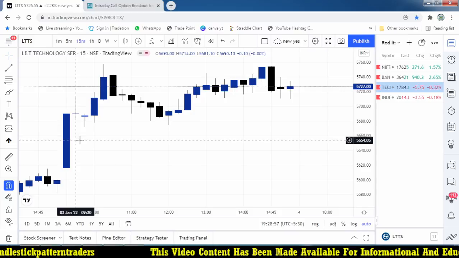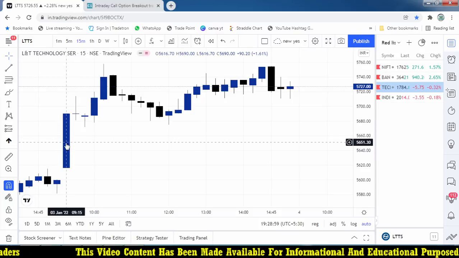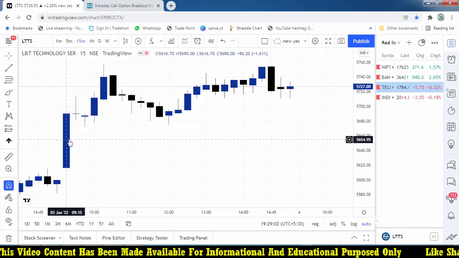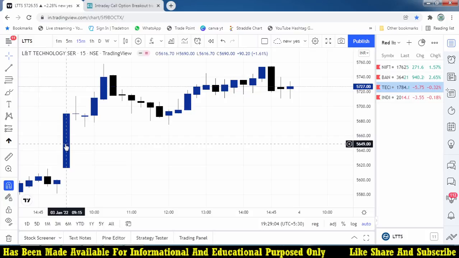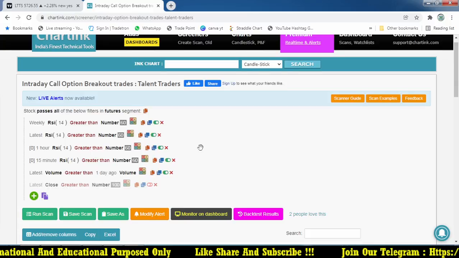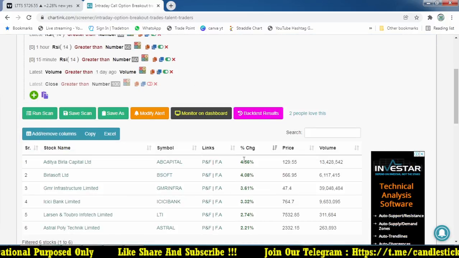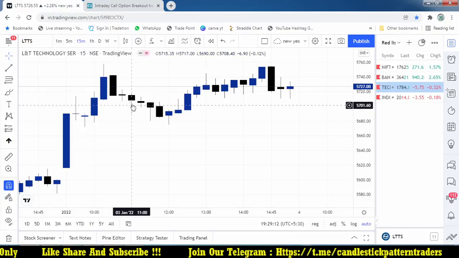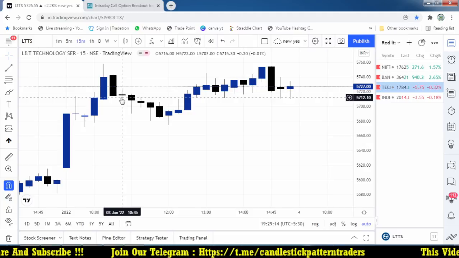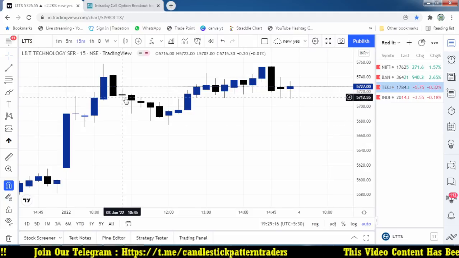It started at 10:15, because in trading every candle shows only its starting time. So 9:15 means it started at 9:15 and ends at 9:30. Same here, it is showing the starting time of the candle. So on this particular candle around 10:45 we got the entry alert.